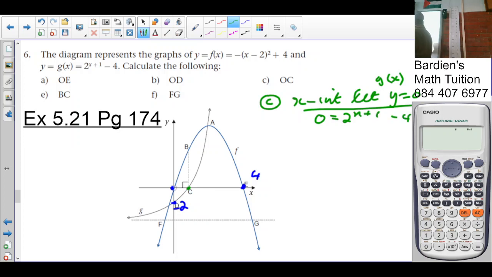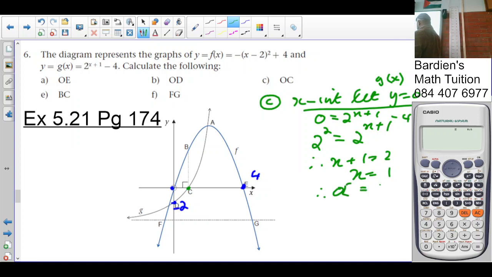The 4 over becomes positive 4. 2 squared is 4. So 2 to the x plus 1. When bases are the same, exponents are equal. Therefore, x plus 1 is equal to 2. X is equal to 1. Have I answered the question? No. Therefore, OC is going to be 1 unit. Okay.